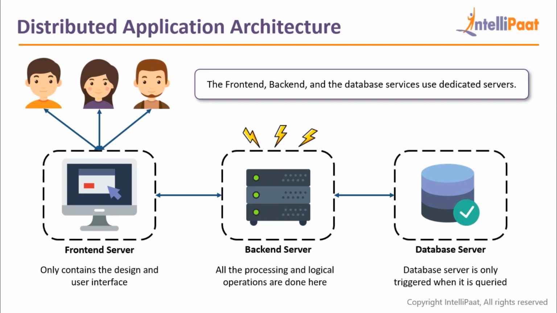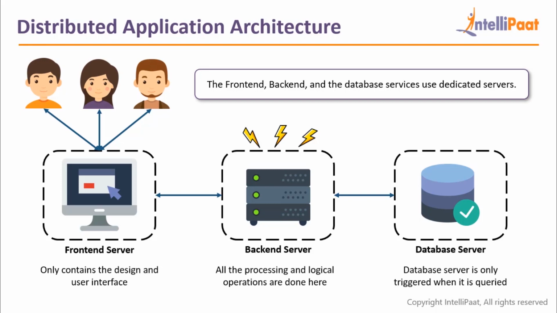Consider the backend service under a lot of traffic or workload. So what happens now? In an individual server, when all the software components were hosted, the backend service would consume most of the CPU resources, and the other services would not have enough CPU resources, which leads to a crash. But what happens here is only the backend server will be having the workload. The other two servers will be left unharmed.